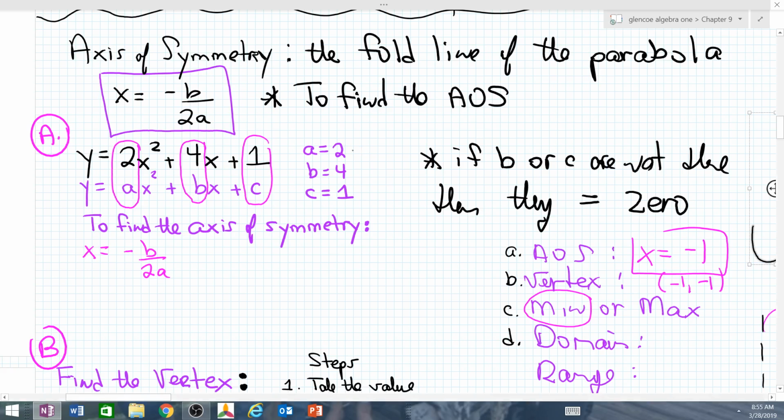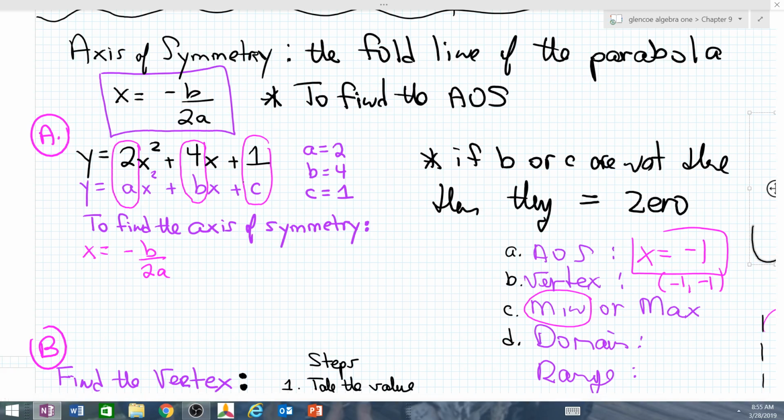So a is equal to 2, b is equal to 4 because it's the coefficient of the x term, and c is equal to 1. Now, if b or c are not there, then they are equal to 0. If there is no b term and no c term, you would plug in a 0 for them when finding the axis of symmetry.